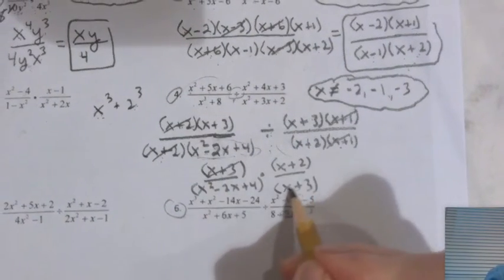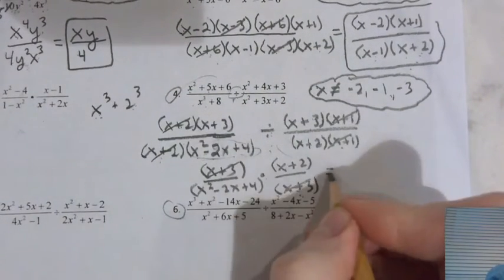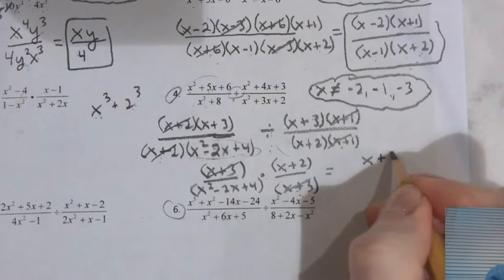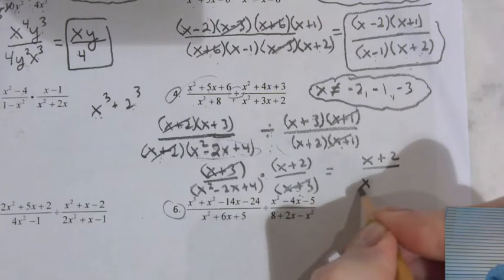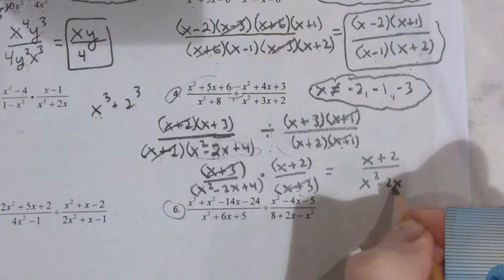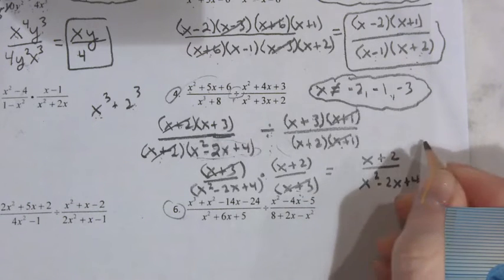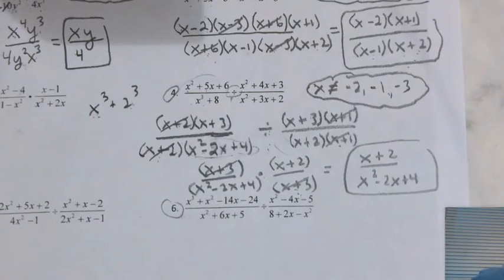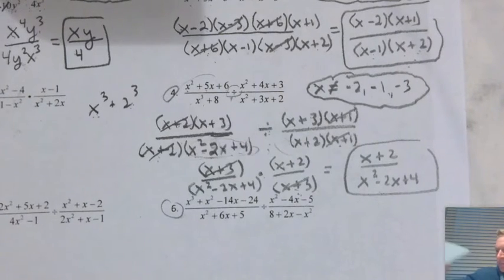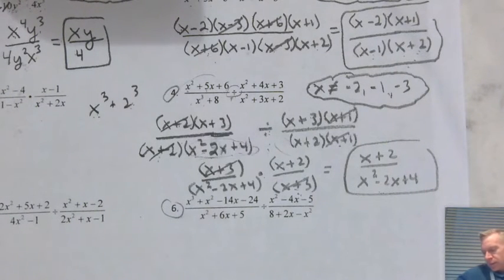But now we can cancel the x plus 3's, and we're going to get an x plus 2 on the top, and we get x squared minus 2x plus 4 on the bottom. Okay. And let's go on to the next one.